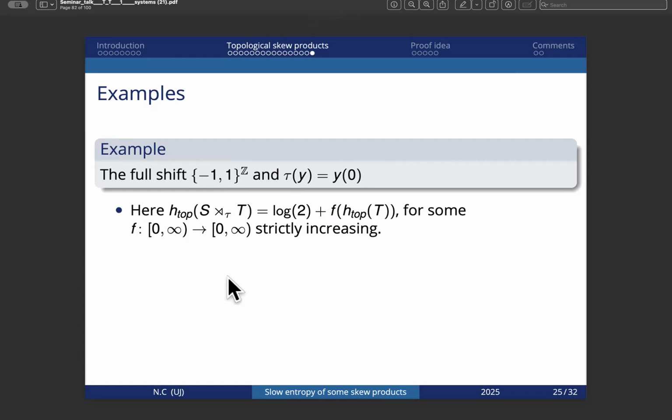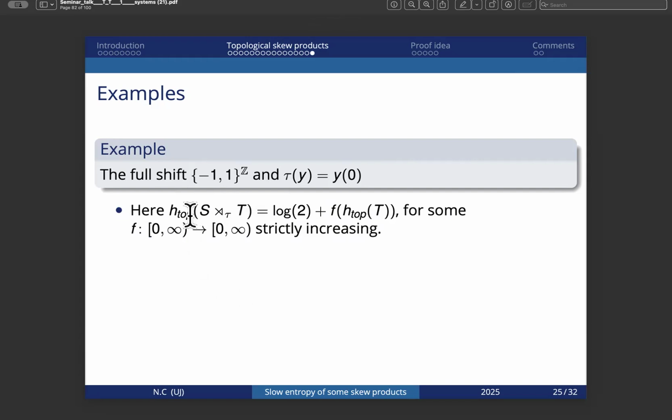Here one can prove that if one computes the topological entropy of the skew product of this system with something, then the fiber does make a contribution to the entropy of the skew product.